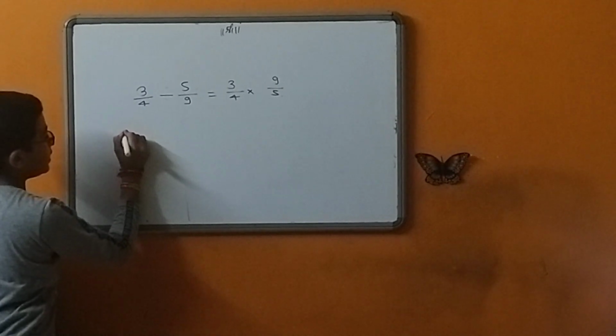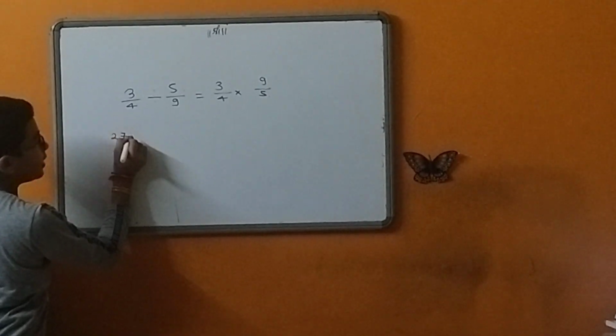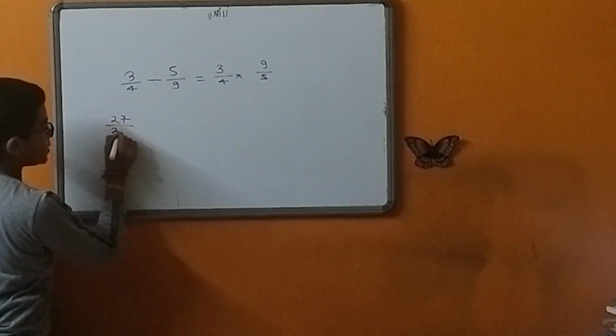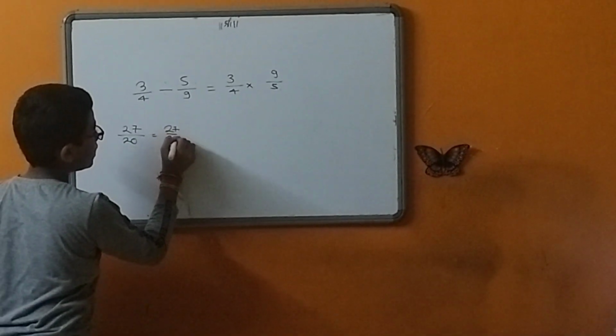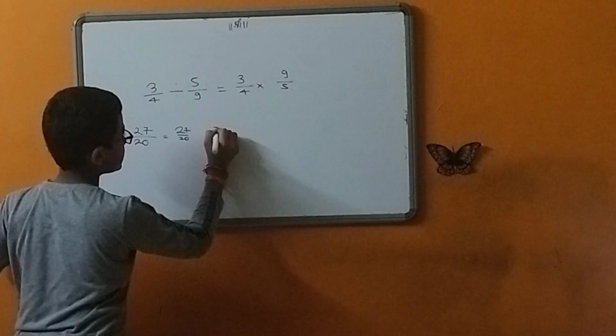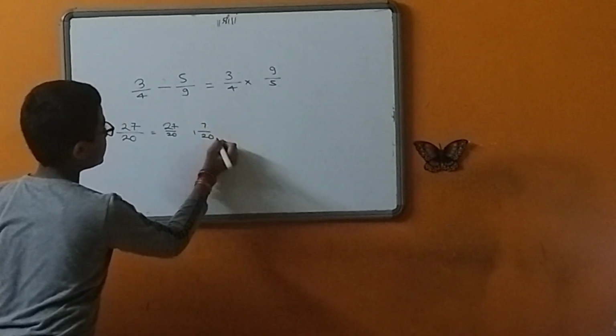So 3 into 9 gives us 27 and 4 into 5 gives us 20. So this is equal to 27 by 20, which gives one integer 7 by 20. This is the example.